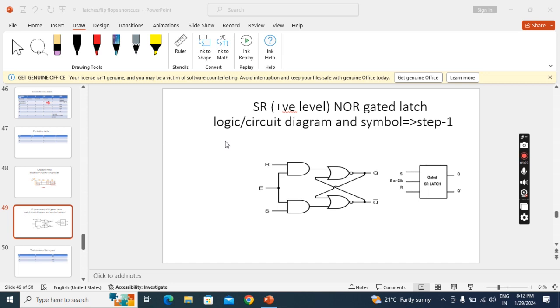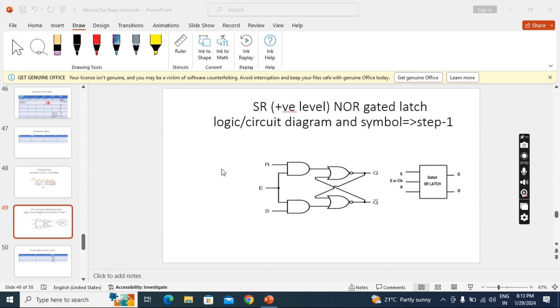Ultimately, whether it is a gated NAND or gated NOR, it is a gated latch only, and it should behave the same even if we change the latch part. Changing the latch part is a different way of construction, but ultimately the functionality of the gated latch should be the same. To make the behavior the same, we change the gates in the construction.